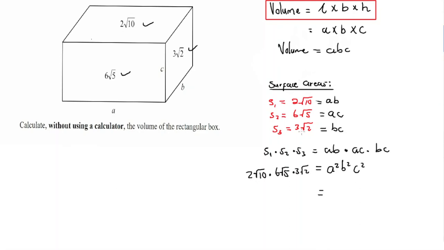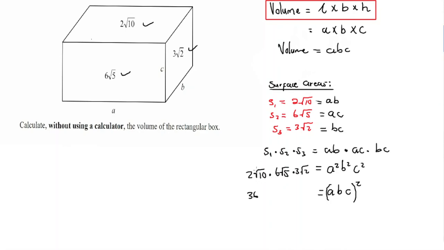According to one of the power laws of exponents, we know that this can be written as ABC squared. When I multiply out the numbers outside the radicals, 2 times 6 times 3, I get 36.